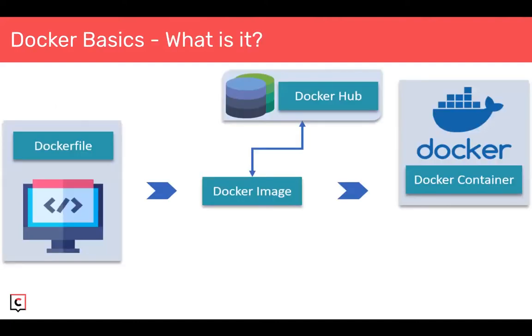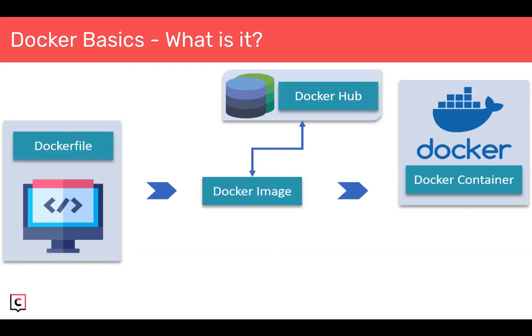So Kevin, let's talk a little bit more about what this is. We mentioned the Dockerfile and the Docker image. The Dockerfile is the configuration, or the steps to configure your container as you need it. Actually, let me step back.